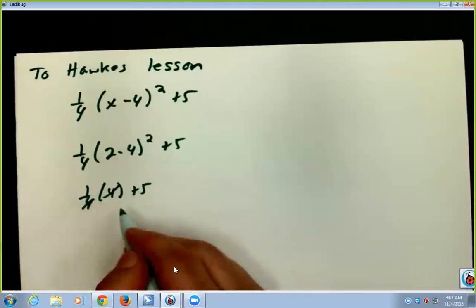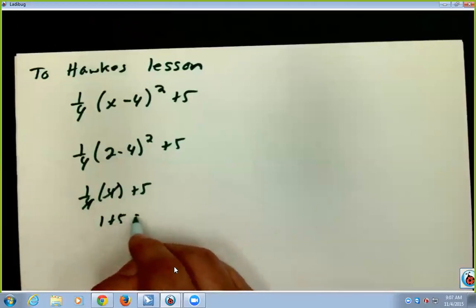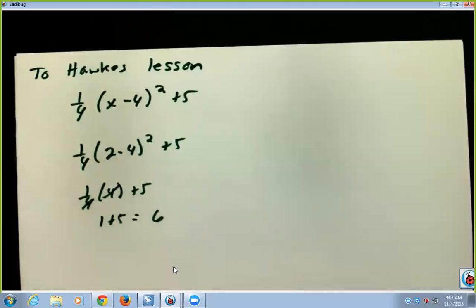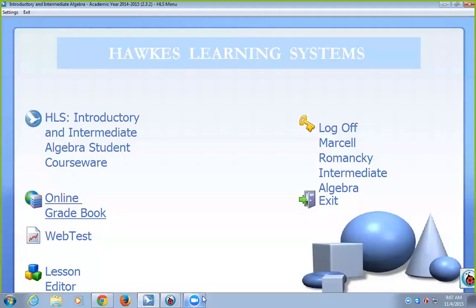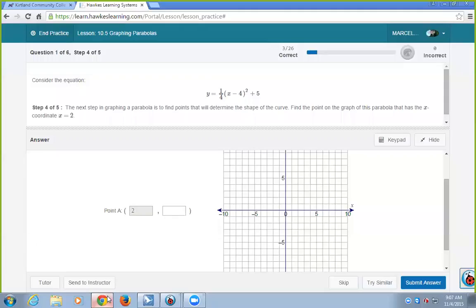The 4s will cancel, so I have 1 plus 5. Or when I went back to Hawkes, I would type in 6. So you're looking at finding a point in there. So, let's see, where did you go? Oh, you're back there. There we go. You would end up putting 6 in this place, and it would end up plotting that point in there.